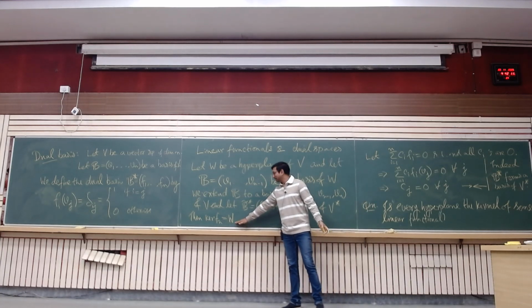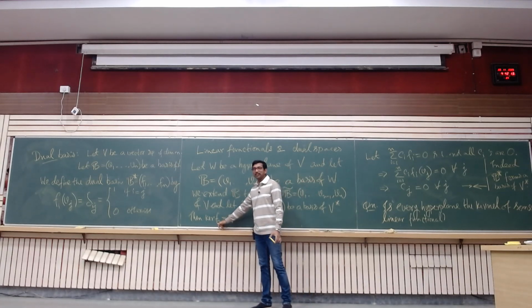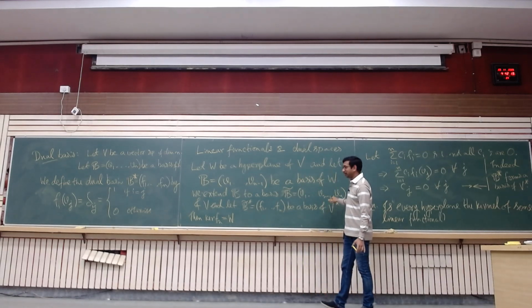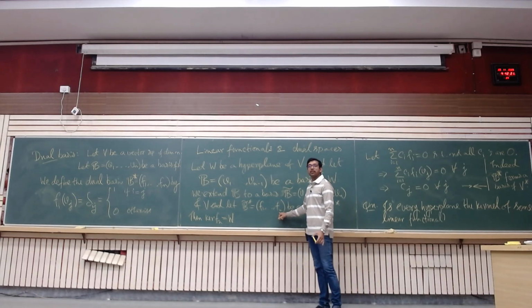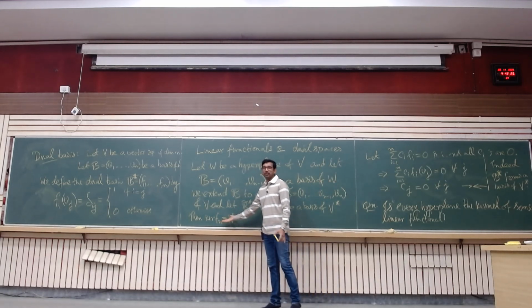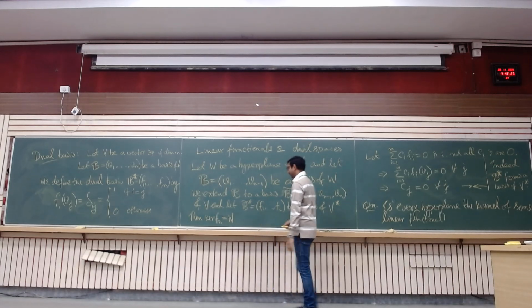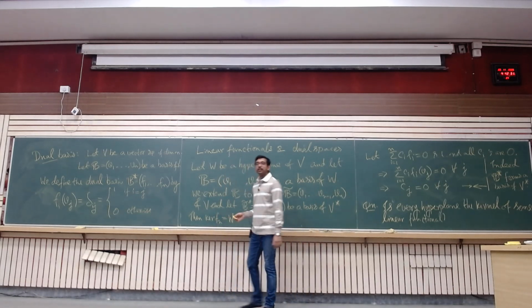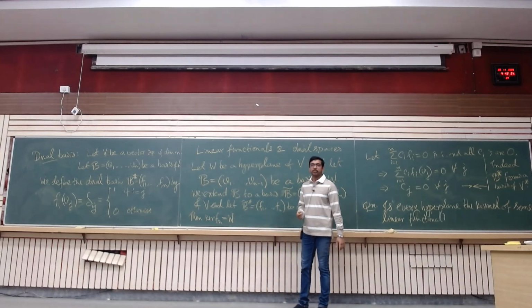W is of dimension n minus 1, and kernel Fn, since F is not identically 0, taking value 1 at Vn, should have dimension n minus 1. Their dimensions match, and this is a subset of that, so they are equal. Then kernel of Fn is equal to W. So indeed, every hyperplane is the kernel of some linear functional.